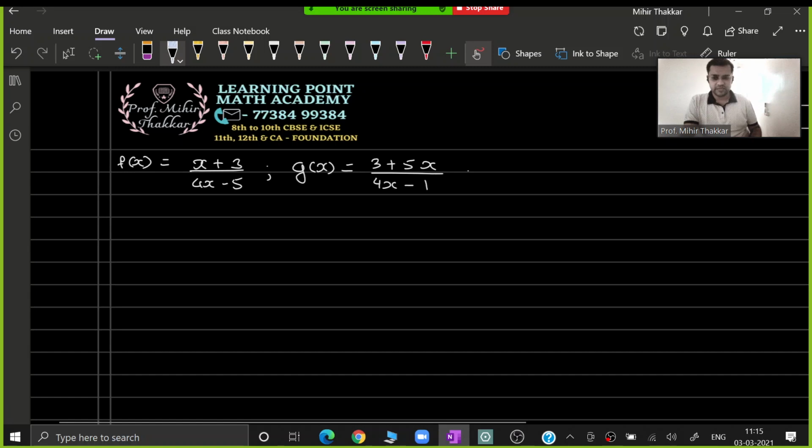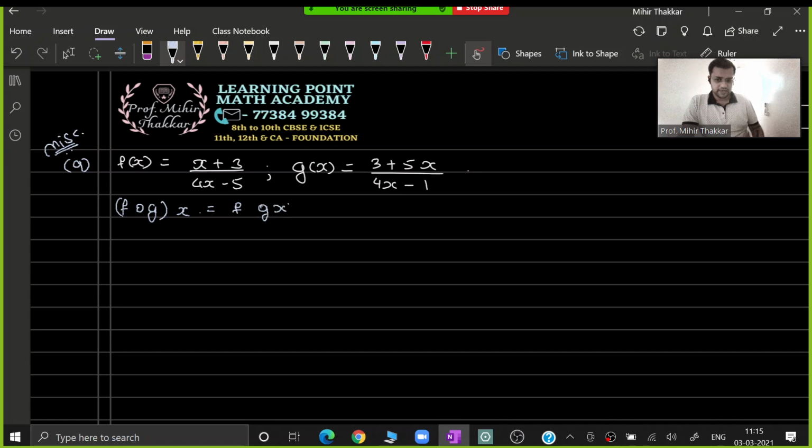So let us see how we can calculate f of g(x) over here. This is our first question of the miscellaneous exercise. As usual, f of g(x) is equal to, I am replacing x by g(x) in the function f(x), 4 into g(x) plus 3 over g(x) minus 5.